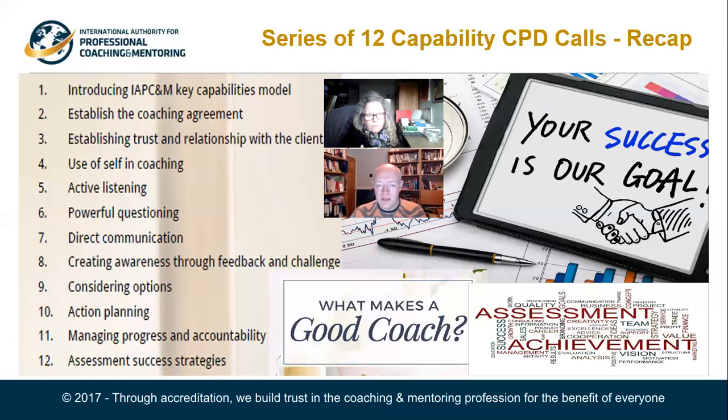The other reason that we did it was to say, look, this is what we've done around this, and there is so much more that we're going to be doing in order to provide a supporting framework for people to grow and to become the best coaches that they can be, both for themselves, but ultimately for their clients, and therefore for the wider community.